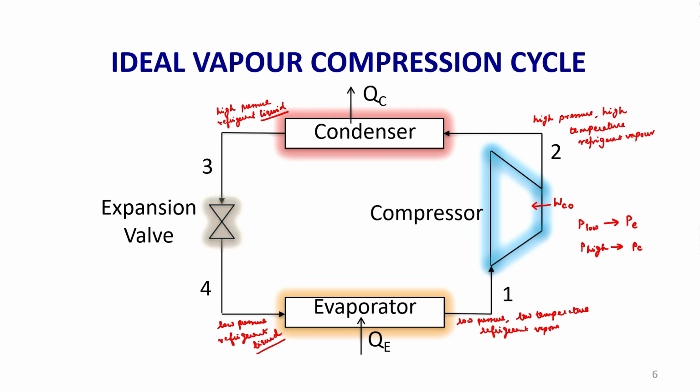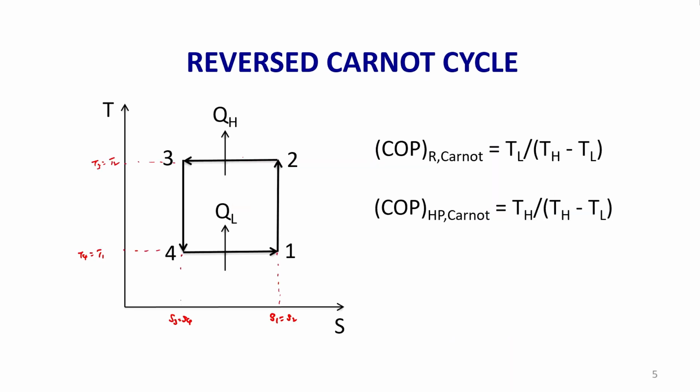So, these two quantities will be equal to the heat rejected from the condenser during the condensation process. QE plus WCO will be theoretically equal to QC.